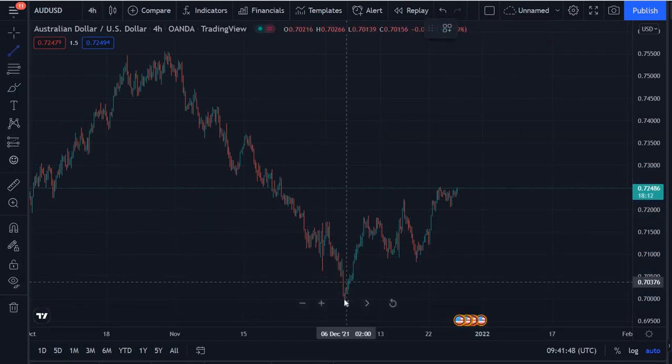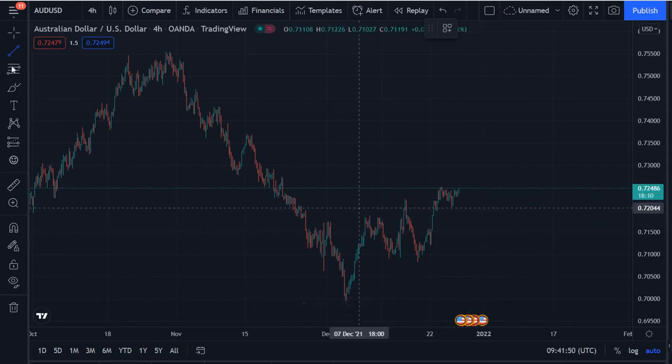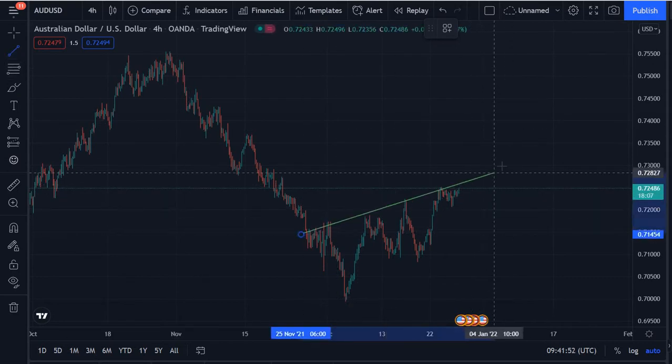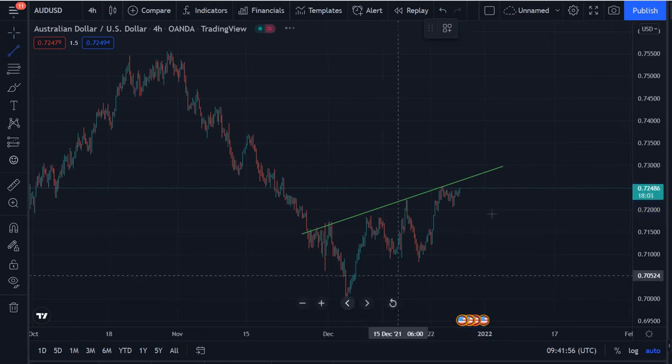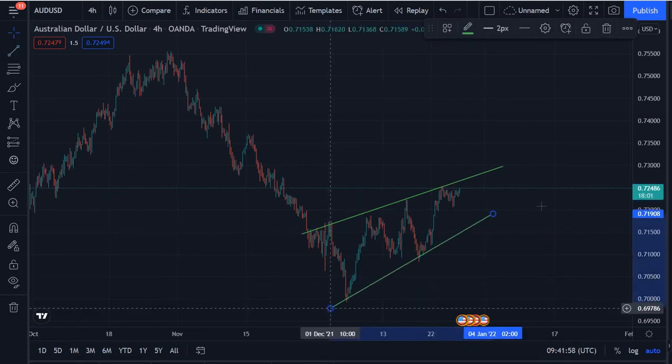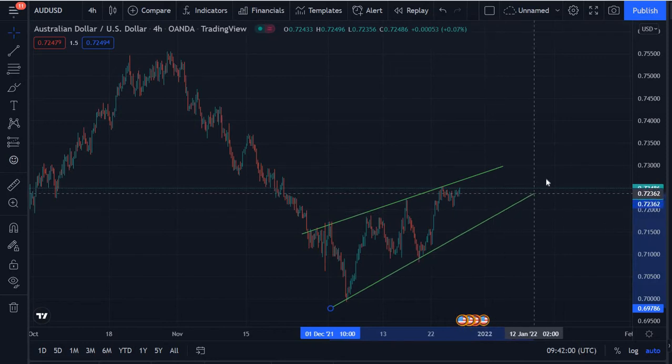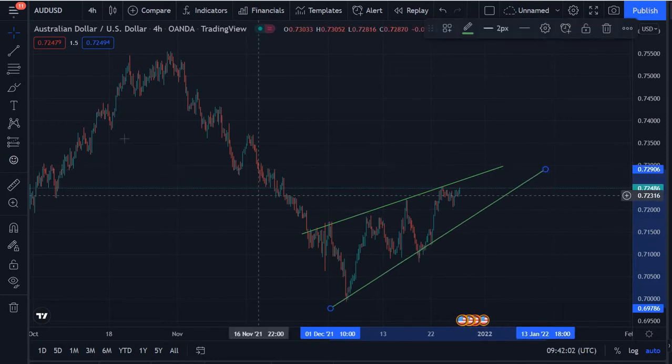lower. Now the 4-hour chart here at the moment is forming higher highs and higher lows, so the trend is starting to shift a bit to the upside here.